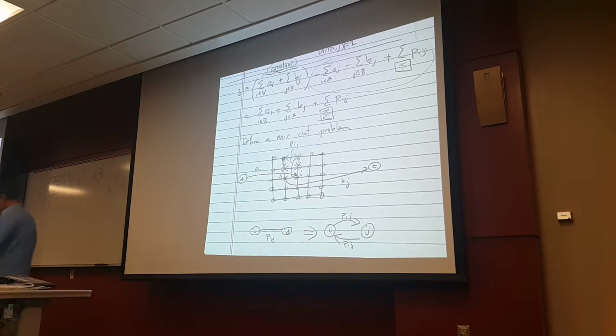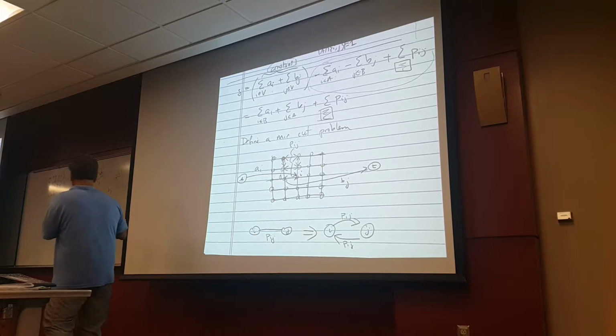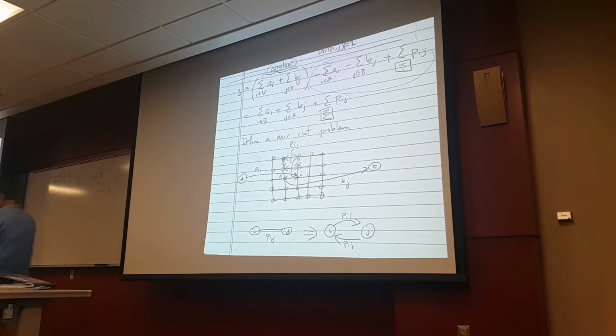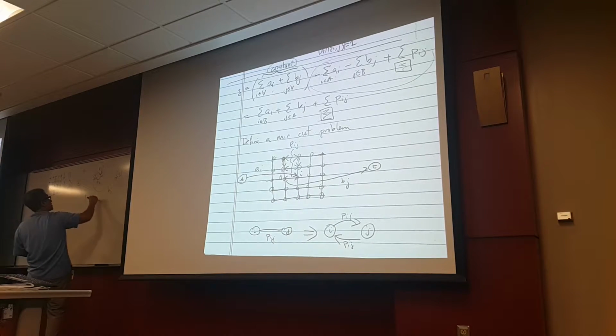The reason I'm drawing it like this is because I want to show you what a cut might look like, and then you can see how this reasoning works out. The only case I'm really concerned about is the case where this cut separates i and j. So maybe it looks kind of like this. Here's the A side and here's the B side.